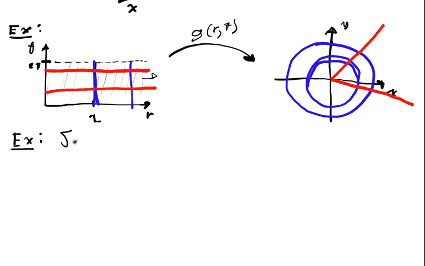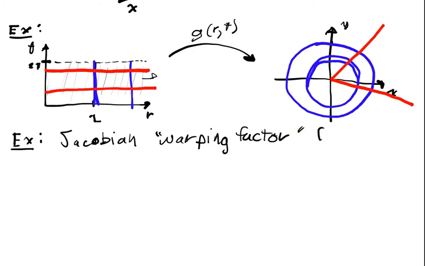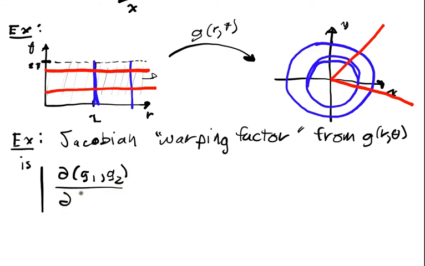So the Jacobian warping factor from g of (r, theta) is the absolute value of the determinant of the derivative of (g1, g2) with respect to (r, theta).